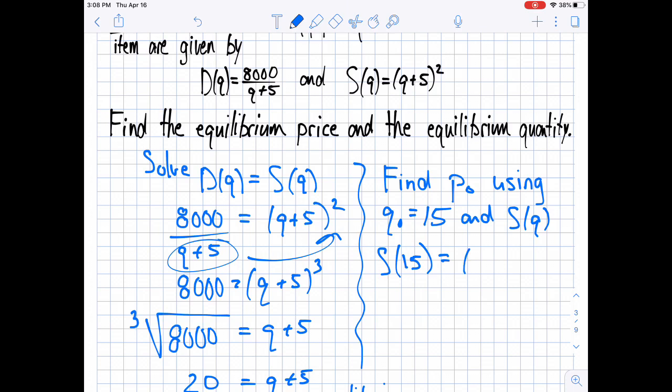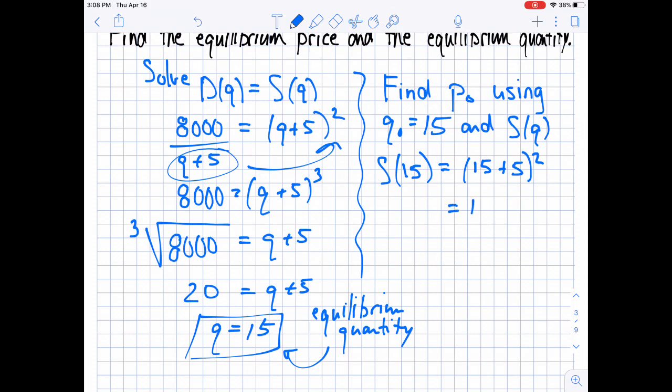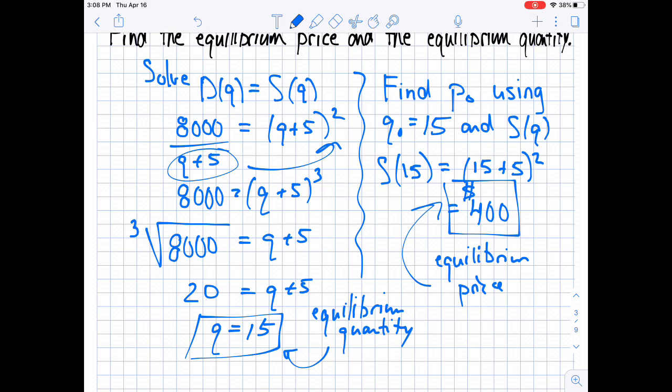We plug it in, we get (15 + 5) squared. That's going to give us 20 squared. That's going to be 400, and so that is going to be our equilibrium price. It's going to be $400. And so now we have both the equilibrium price and the equilibrium quantity.